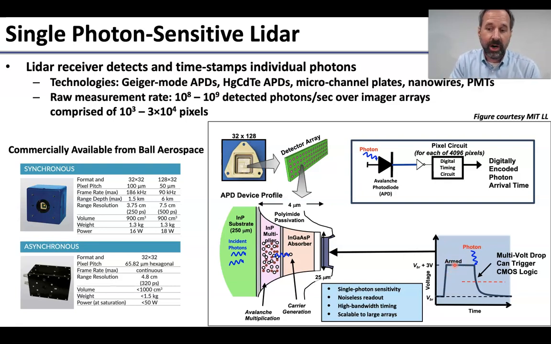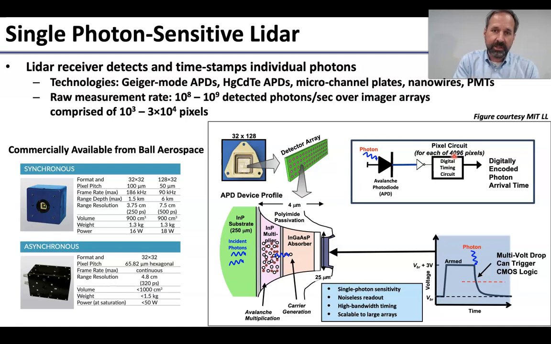It's then what's called an arm state. And when something like a single photon hits it, you have an avalanche process that's kind of a runaway amplifying avalanche because, again, you're above the breakdown voltage. The point is that you can get a multi-volt drop on this node of your circuit as a result of a single photon, and this can happen with low jitter. That big signal means that you can make a digital timing circuit behind each pixel.